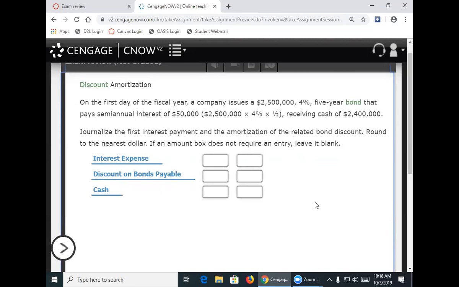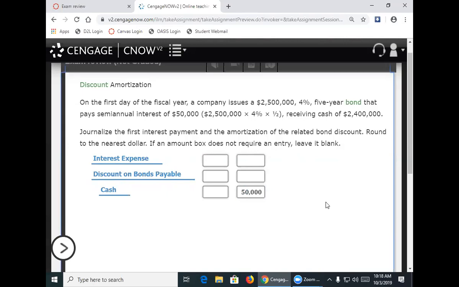That's the interest that we're paying them every 6 months. And this is just one interest payment, right? We have a 5-year bond, so over the life of this bond, we're going to make 10 payments that look just like this.